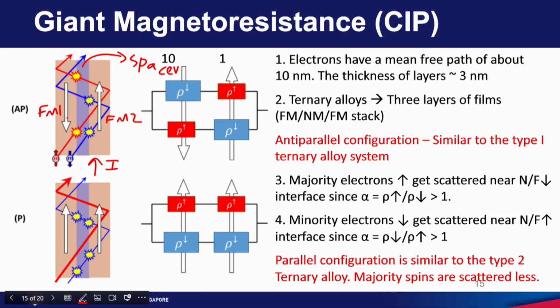Let us say the conventional current is flowing this way, electrons are flowing this way. Now remember everything that we learned. We have learned too many things.